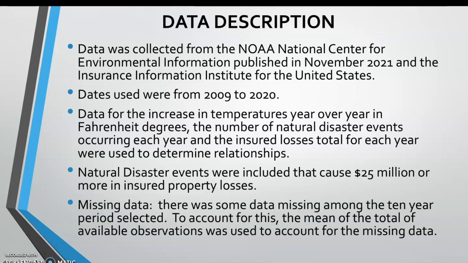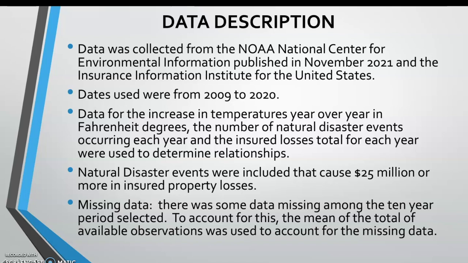Data description. Data was collected from the NOAA National Center for Environmental Information, published in November 2021, and the Insurance Information Institute for the United States. Dates used were from 2009 to 2020.